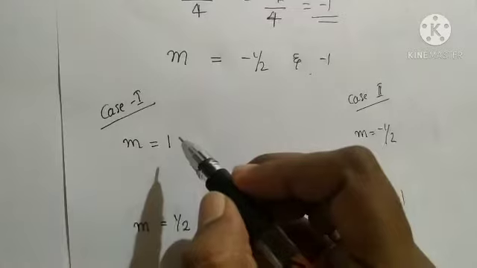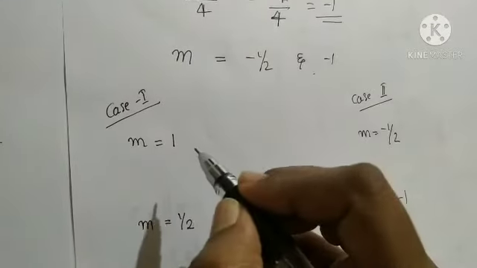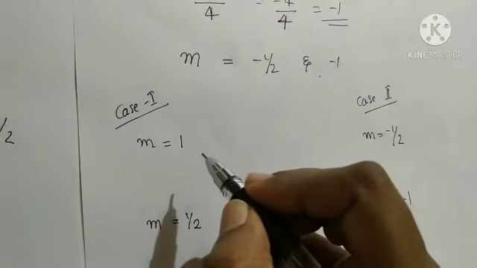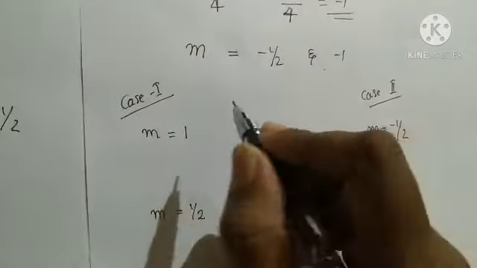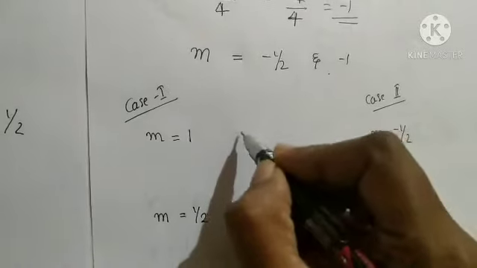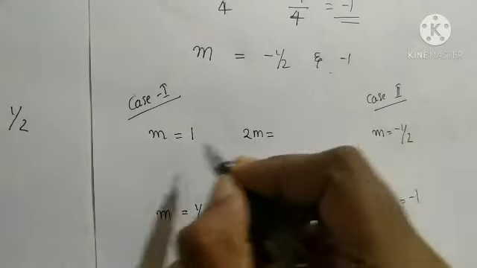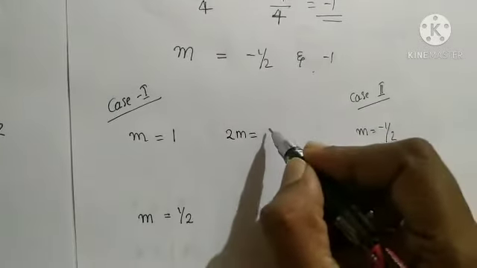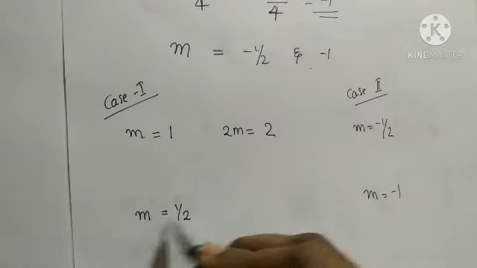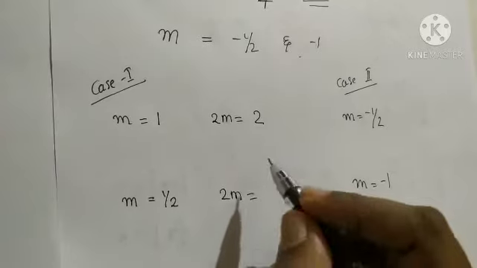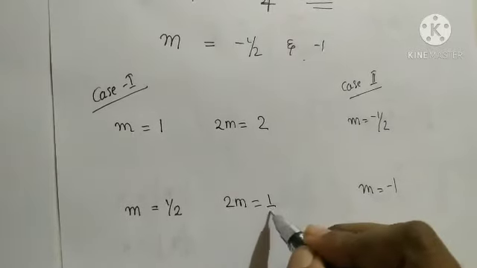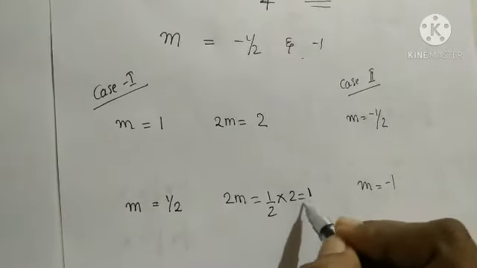And in our question it is given that the second slope of the line is double the first slope, that means 2m. At m equal to 1, 2m equal to 2, and at m equal to 1 by 2, 2m equal to 1 by 2 into 2, that is equal to 1.